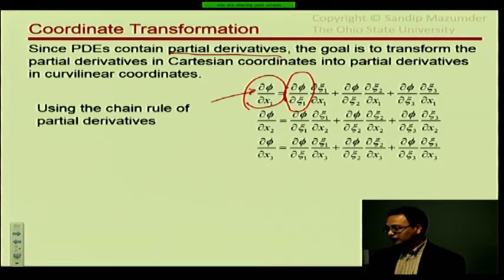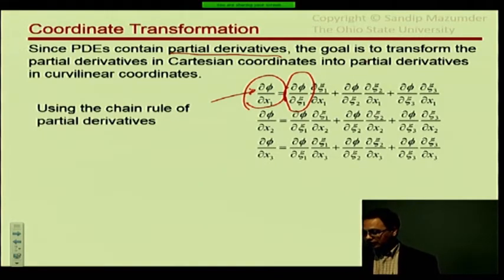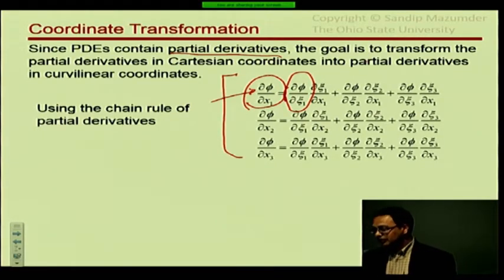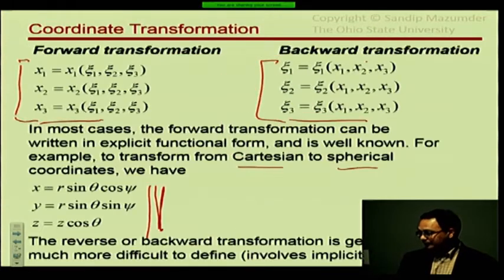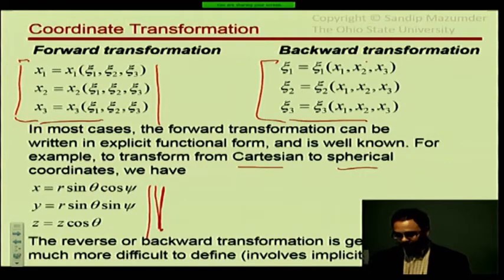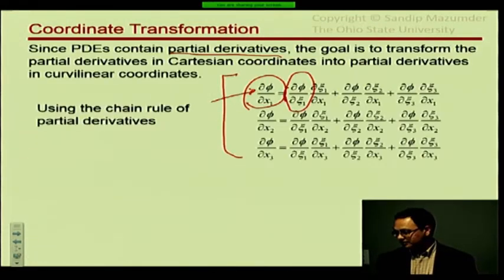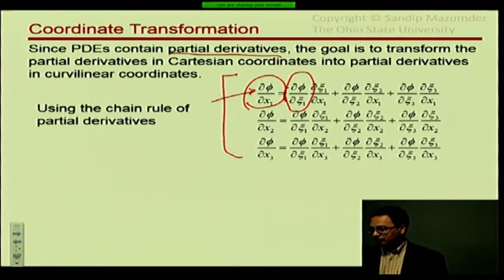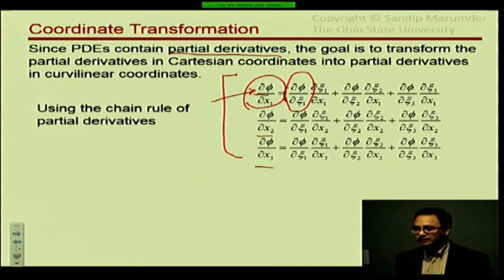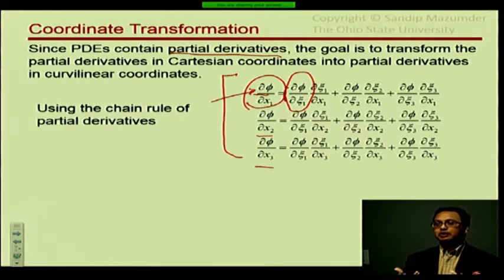Now, obviously, we can use our chain rules of calculus to write those relationships. So this is just taking this expression here and then applying the chain rule of calculus to come up with, for example, dphi dx1, dphi dx2, dphi dx3. The reason I'm deriving these is that these are the kinds of derivatives that will show up in my partial differential equation.